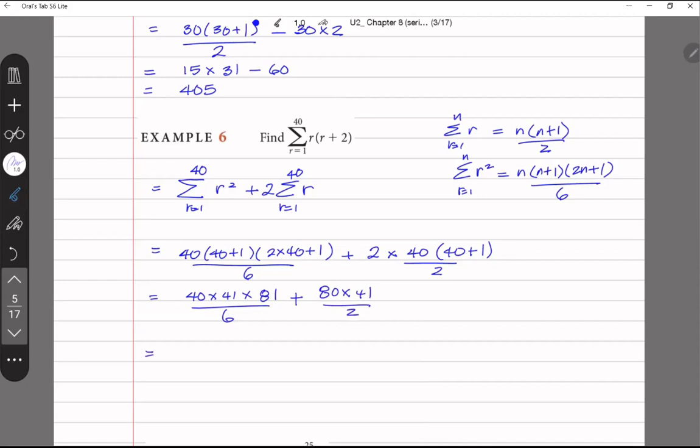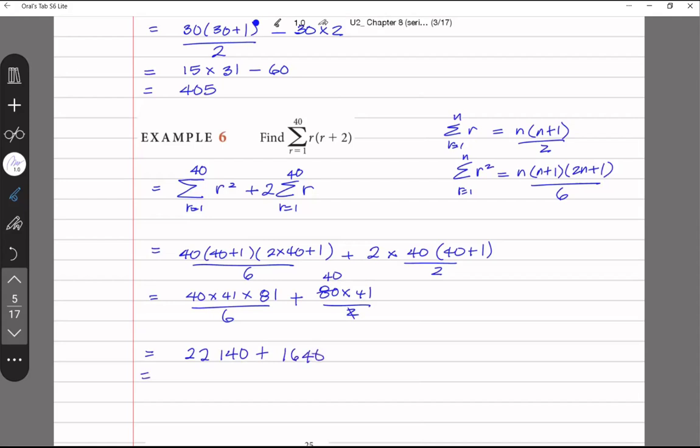And what do we have? Well, I would say don't stress yourself, just use the calculator. 40 times 41 times 81 over 6 is 22140, plus 40 times 41, which is 1640.